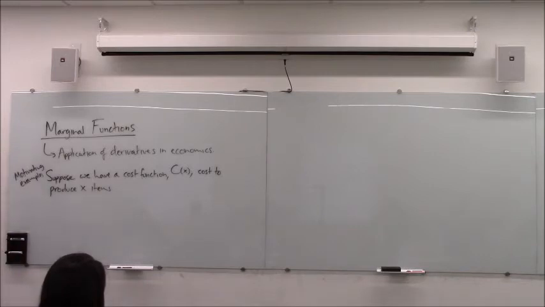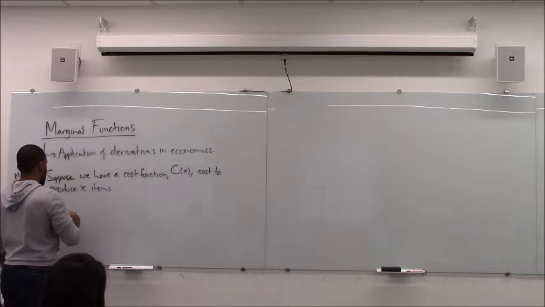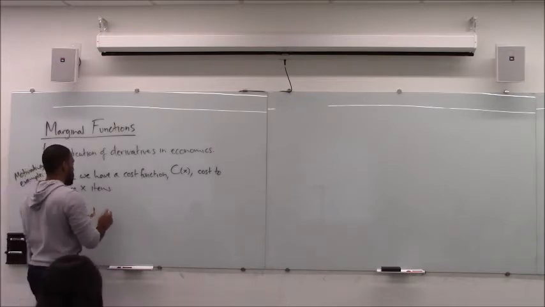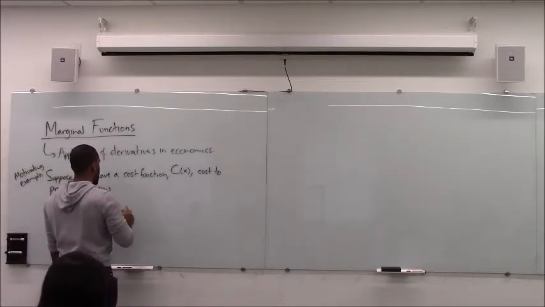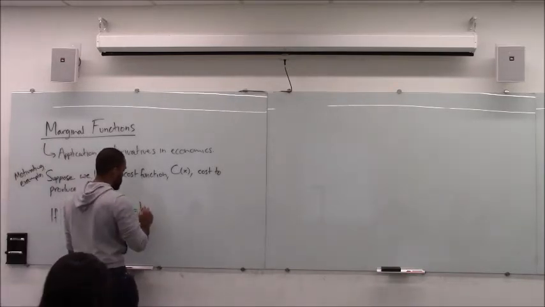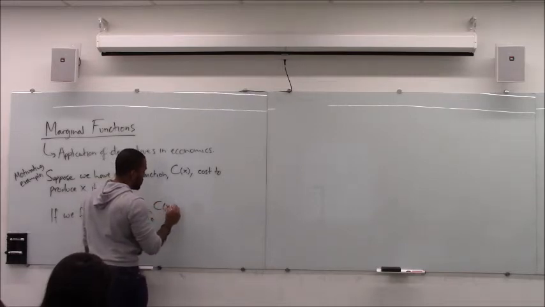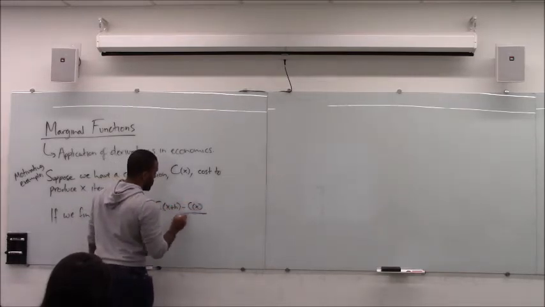Now, if we find the derivative of the cost, how can we compute that? Well, by the definition, it's going to be the limit as h approaches 0 of c of x plus h minus c of x all over h.